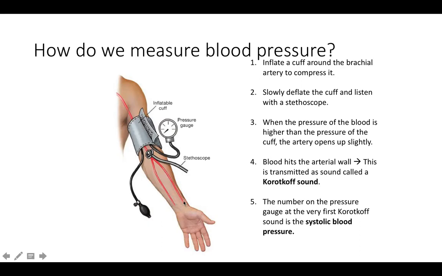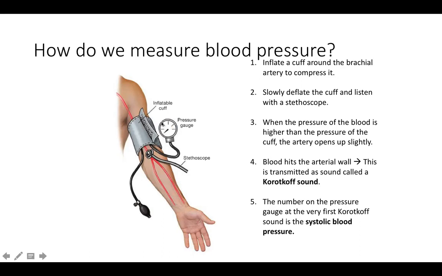As we pump up the pressure cuff, we eventually come to a point where we've compressed the brachial artery. If we've compressed the brachial artery, no blood flows through here, and we won't feel the pulse anymore. So we figure out exactly when we stop feeling the radial pulse, and then the textbooks say to pump it up another 30 millimeters of mercury, because this is all in millimeters of mercury.